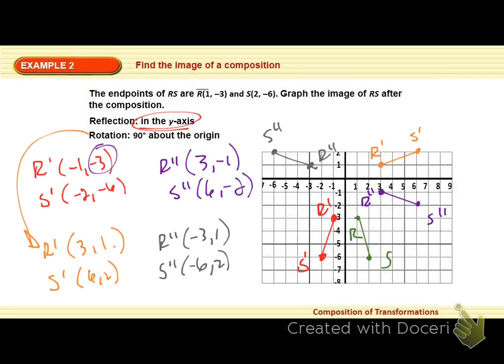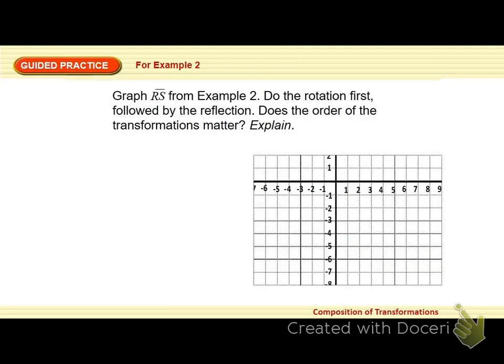Yes, it does. R double prime, S double prime in our original composition landed here, and after we changed the order, it ended up over there. So sometimes the order does definitely matter, which is why we want to get in the habit now of performing our compositions in the order in which they're presented to us. Okay? All right, and that is it.